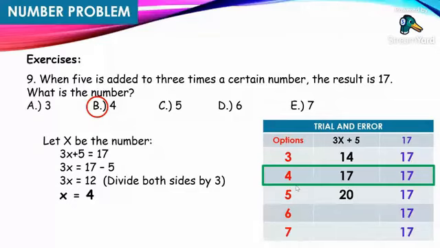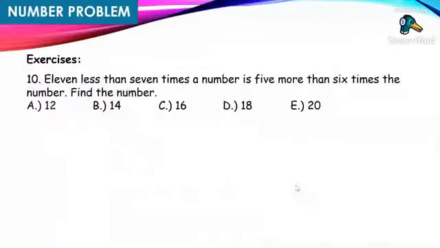Okay, next, let's have number 10 for number problem. 11 less than 7 times a number is 5 more than 6 times the number. Find the number.